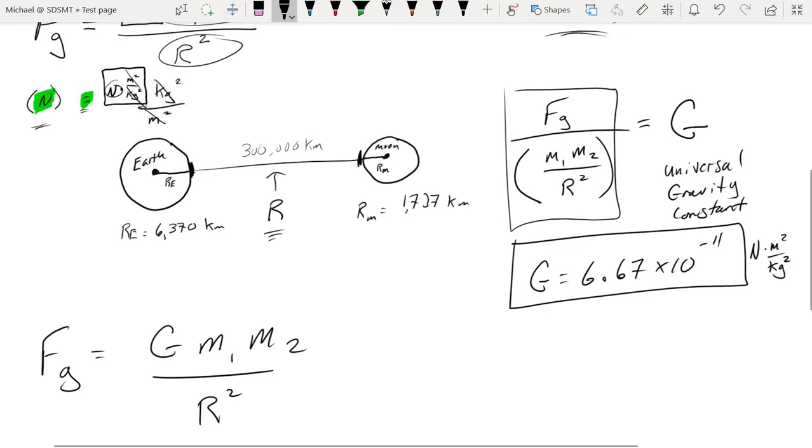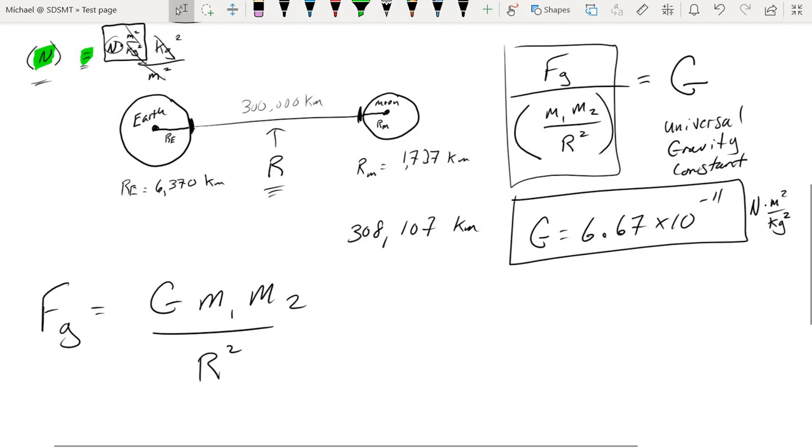But I'm going to add all these numbers up. We have 6,370, 1,737, and 300,000, which is going to give us that many kilometers center to center separation.